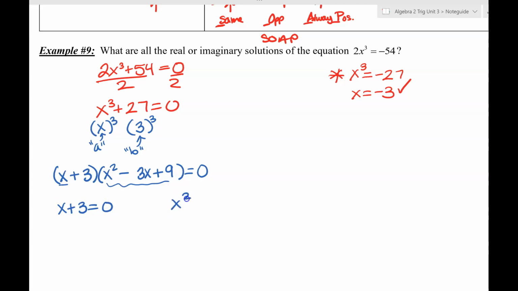We're setting each of these factors equal to 0. And so here I'm getting -3. Here it's not factorable, so I'll use that quadratic formula.